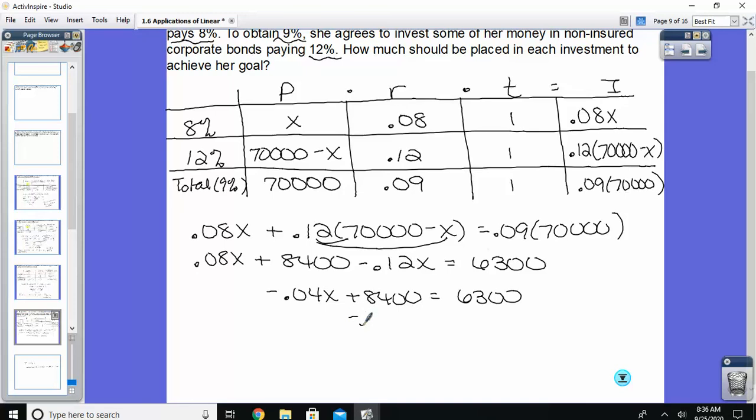If I subtract over my 8,400, and then divide by the negative 0.04, you get 52,500.